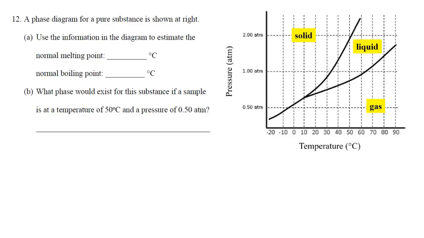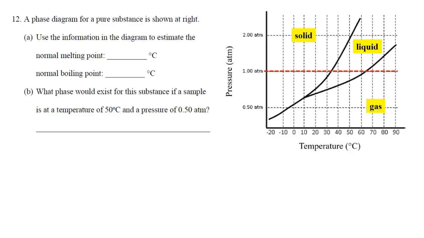Use the information in the diagram to estimate the normal melting point and the normal boiling point. Now, in the previous question, that was 760 torr, but of course, that's also 1 atmosphere. Since this y-axis is labeled in units of atmospheres, I'm going to draw a line at 1 atmosphere.